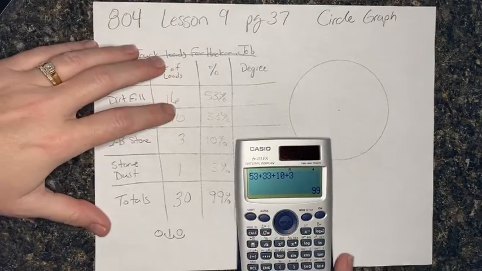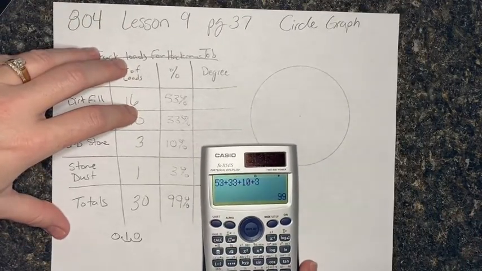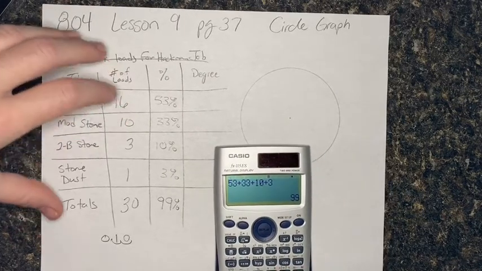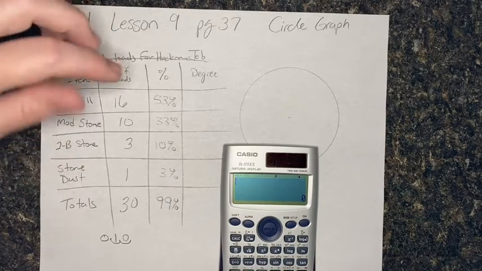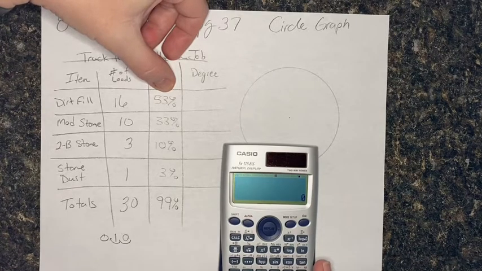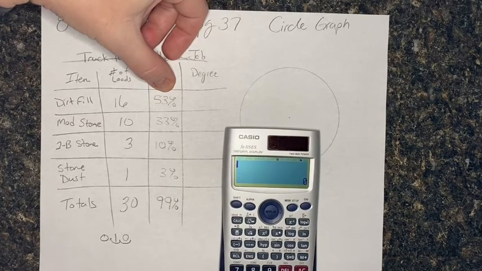Now, though, we need to find out what are the degrees that we're going to use here. So remember, to do that, now we're going to take our percentage times 360. So 53% as a decimal to use in an equation is 0.53 times 360.